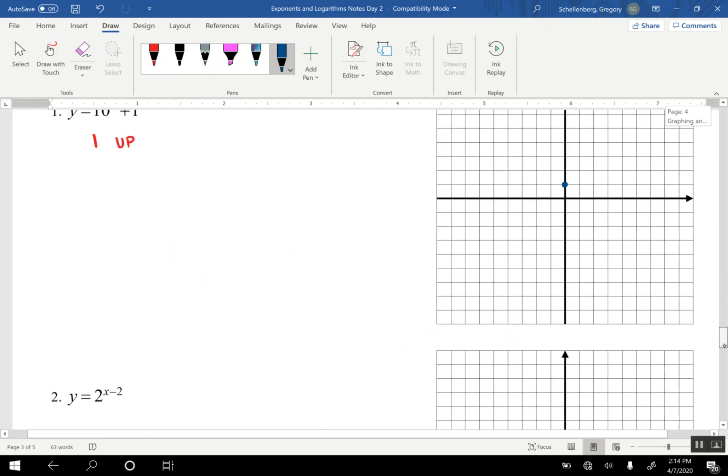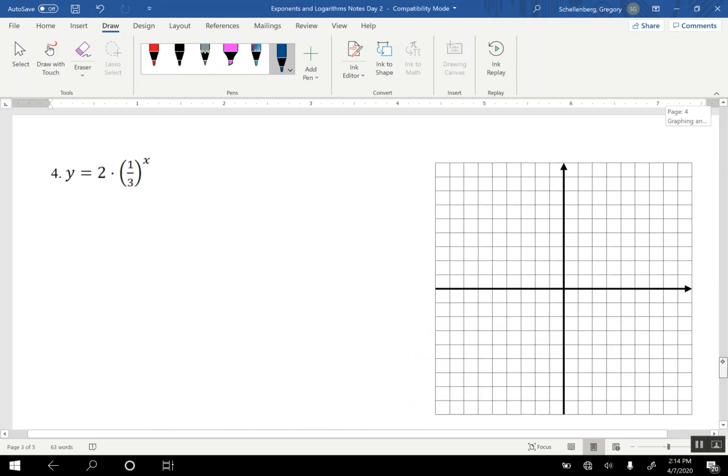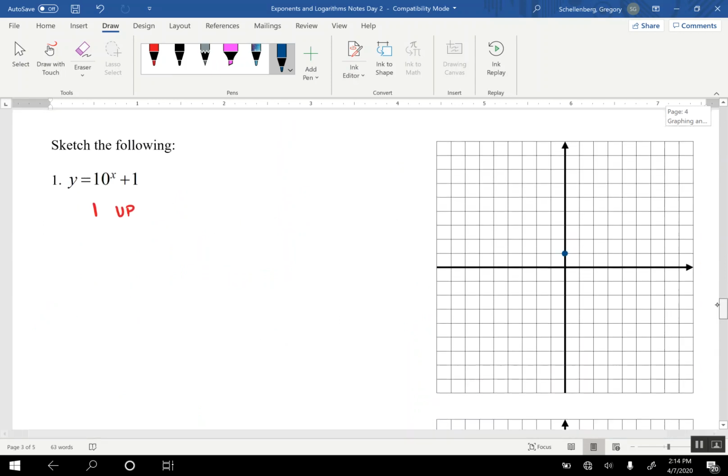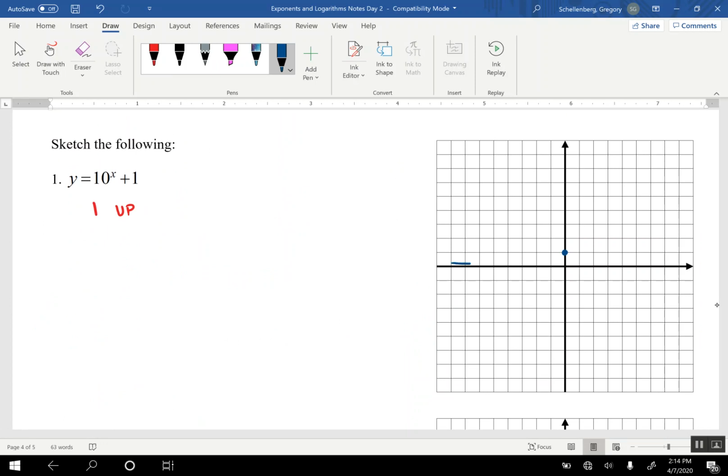I see these problems persist even while teaching virtually. Okay, so I'm not going to be super particular here, but this is an increasing exponential function. Looks something like that. It has a horizontal asymptote at y equals 0.